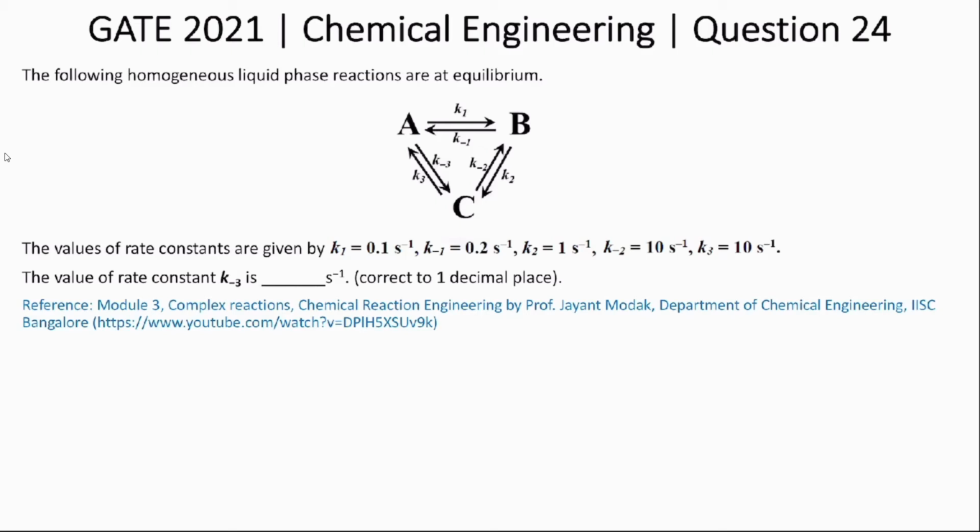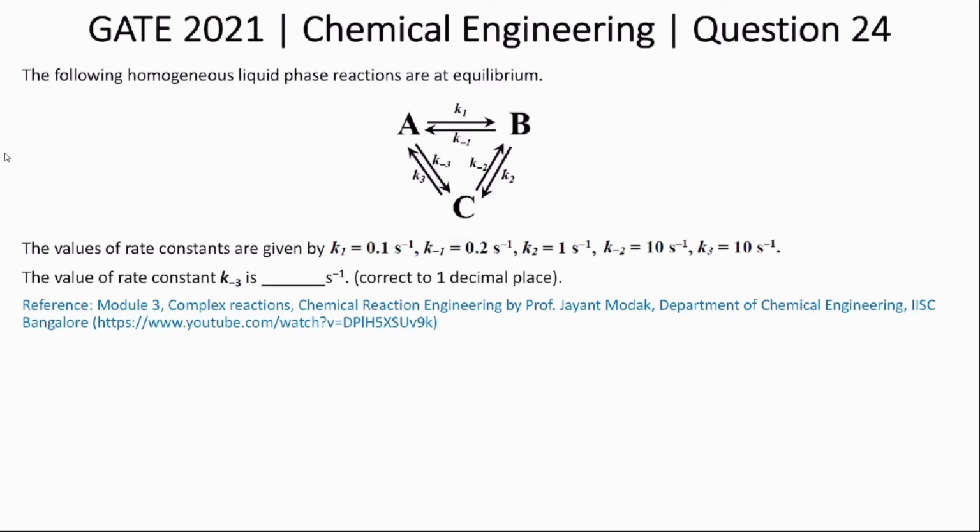You can say this is a cyclic reaction network. So A reversibly gives B, reversibly gives C. So far in the slides we looked at one directional reactions, so like it is either A gives B or A gives B plus C and so on. Here it is a reversible reaction.